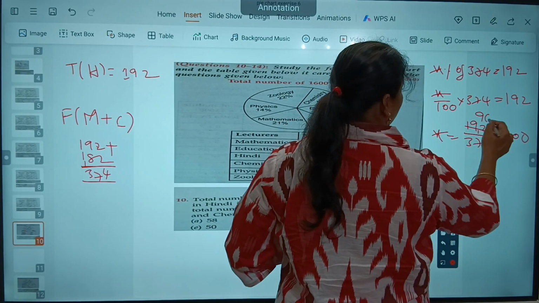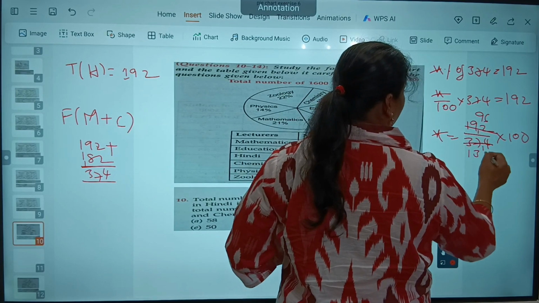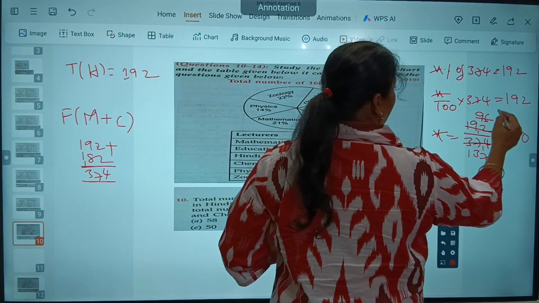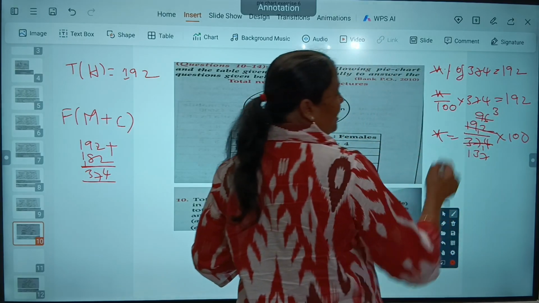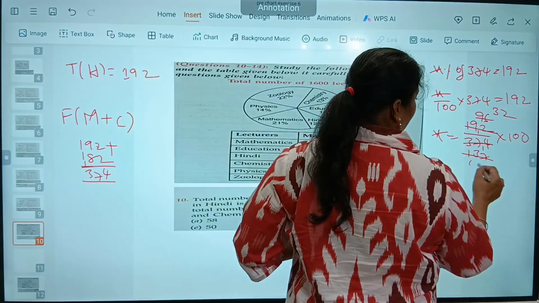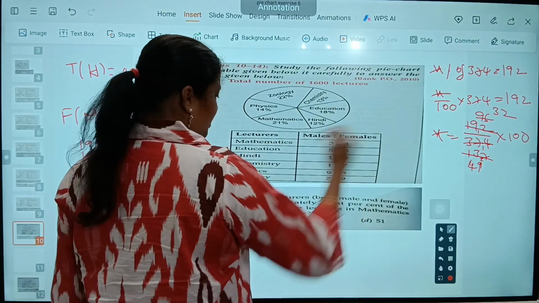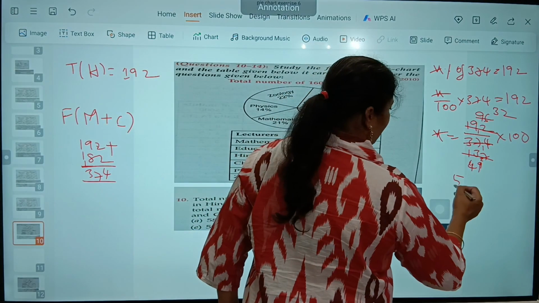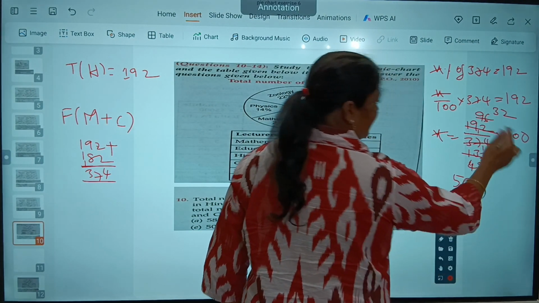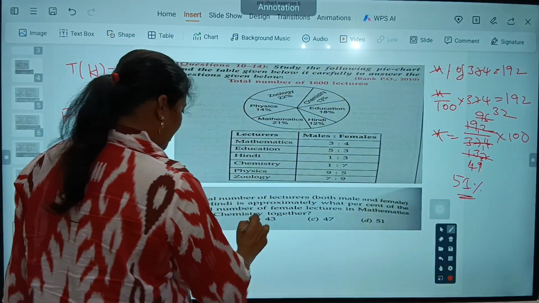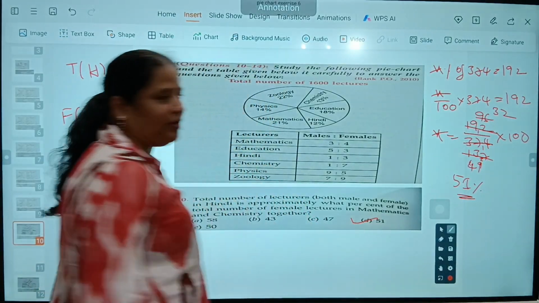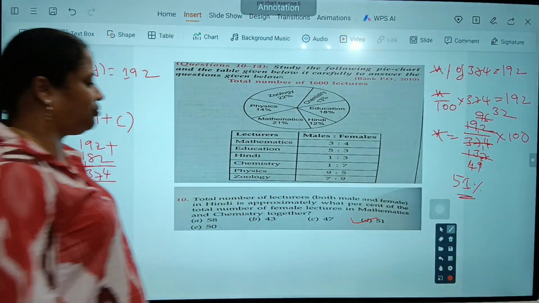Calculating this step by step, this is nothing but 51%. If you calculate this thoroughly, you will get the answer 51%. D, 51 is the answer.